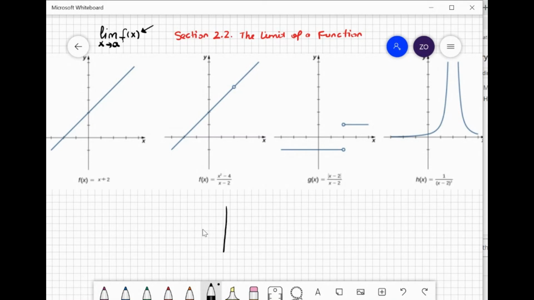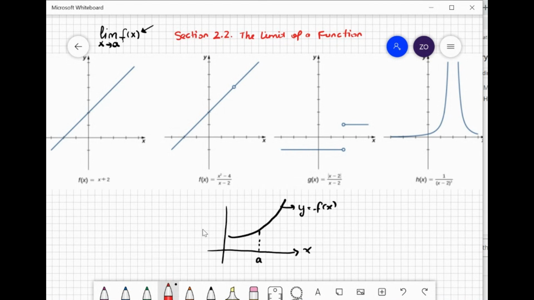Okay, so let me show you on a graph in here first. Let's say this is the graph y equals f of x, and this is our point a on the x-axis.